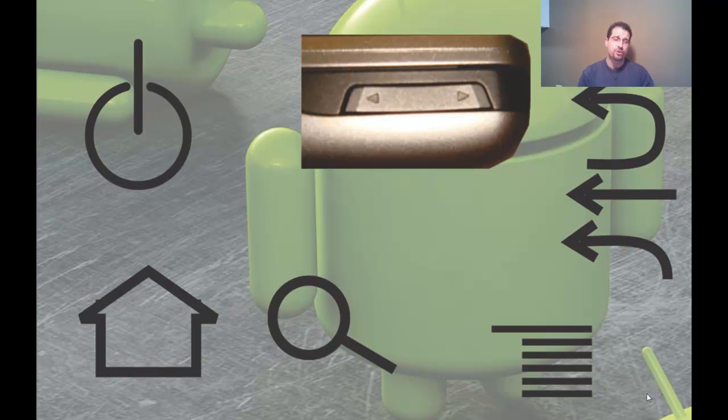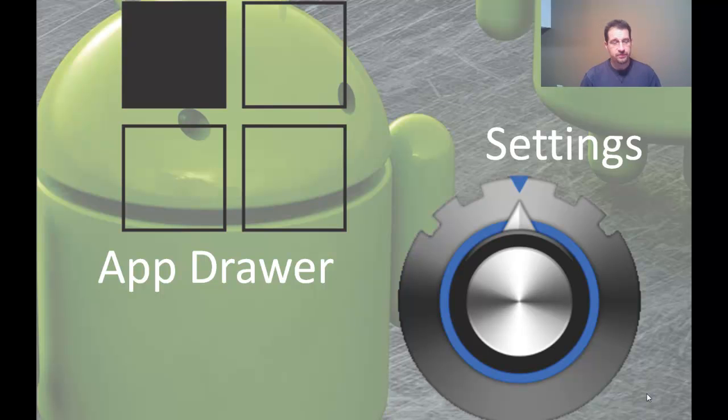There's two other important buttons or icons on the phone, and that is the app drawer and the settings. Those are denoted by 4 squares for the app drawer and either a widget or a dial-looking icon for the settings.